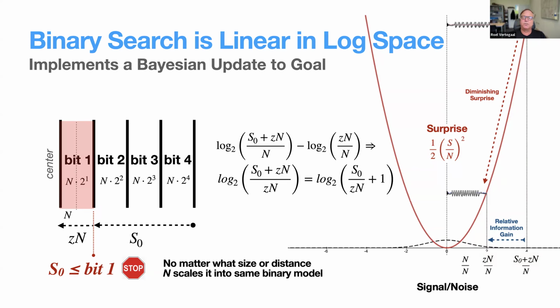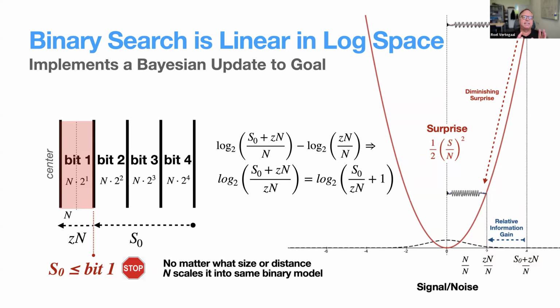In doing so, we obtain a relative information gain. And you see this on the right. We're diminishing surprise. This is following some kind of Hookean spring, which you see in the surprise function. And we're moving from the number of choices plus 1 to the choice that we want to have, which is Zn.